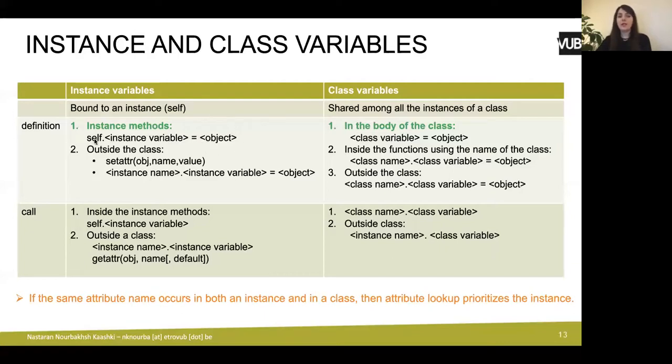The other way, which is not recommended, is to define instance variables outside the class. We can do it using two ways outside the class. The first one, which you are already familiar with from the examples I gave you in the last lesson, is setattr: the object name, the name of the instance variable, and the value for that instance variable.